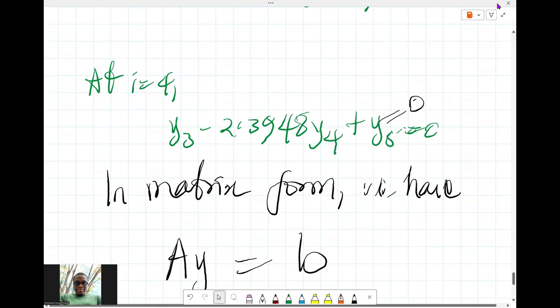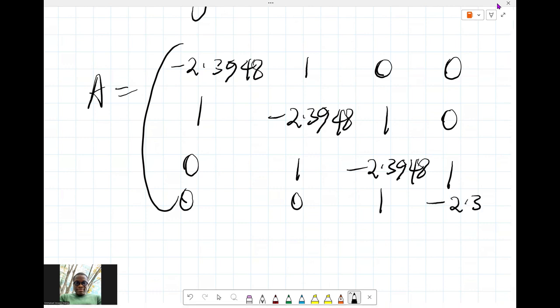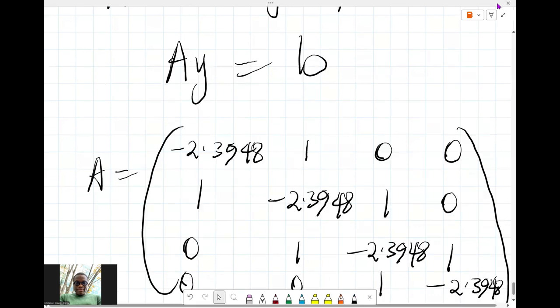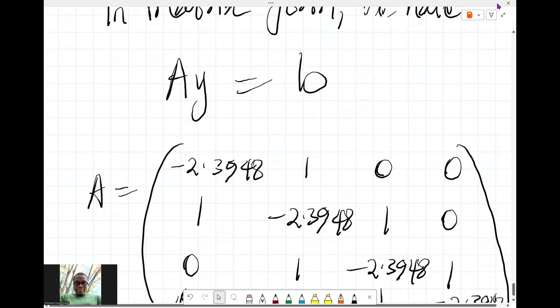So we have 0, 0, y3 is 1, and lastly y4 with minus 2.3948. So you see that minus 2.3948 coming along the principal diagonal all the way. So that is our A.